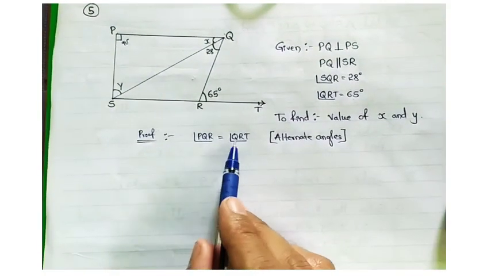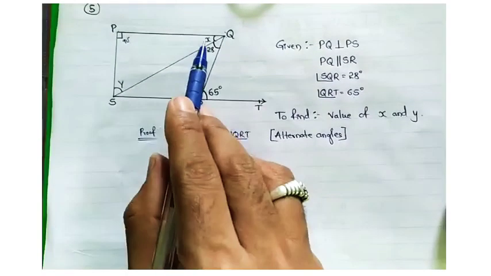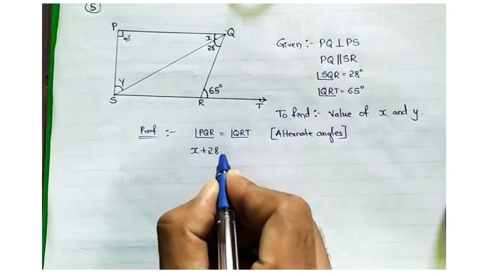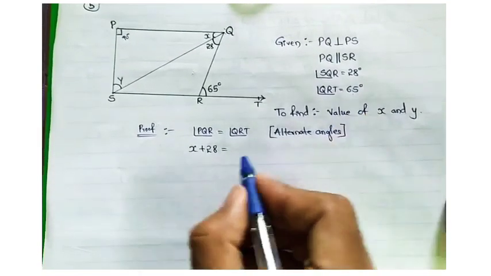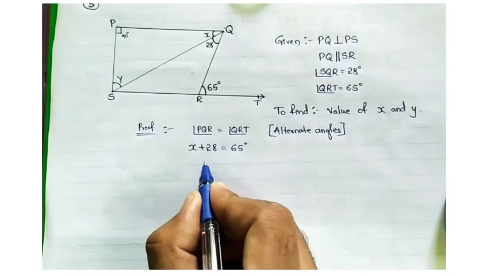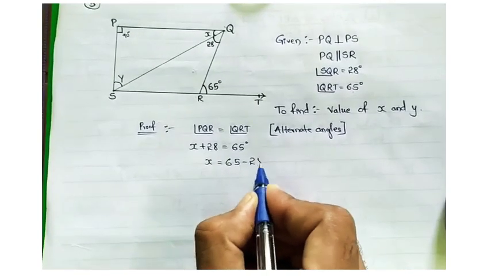So PQR equal to QRT. Then what is PQR? PQR is combination of X and 28. X plus 28 equal to QRT, that is they given 65. So take 28 to right side, you will get here X equal to 65 minus 28.